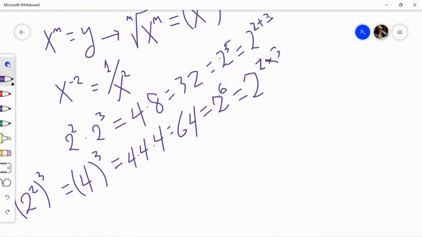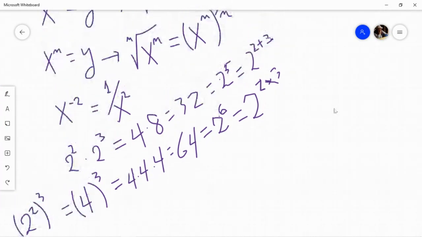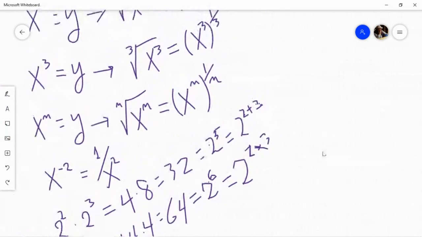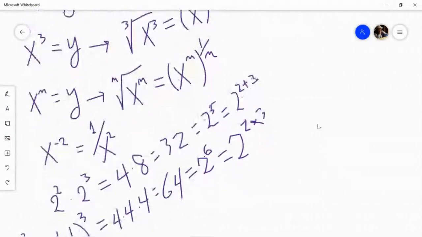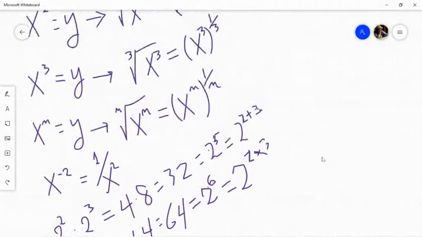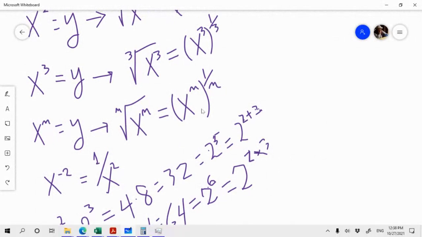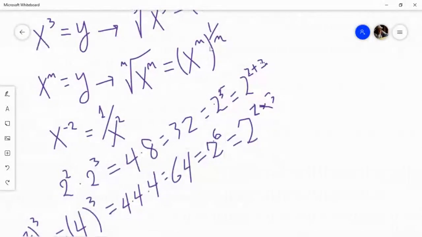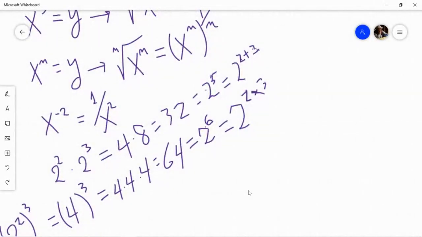This is all the review. I don't have time for throwing in numbers and doing that, but you try that. And then using this rule, and again, think about it.